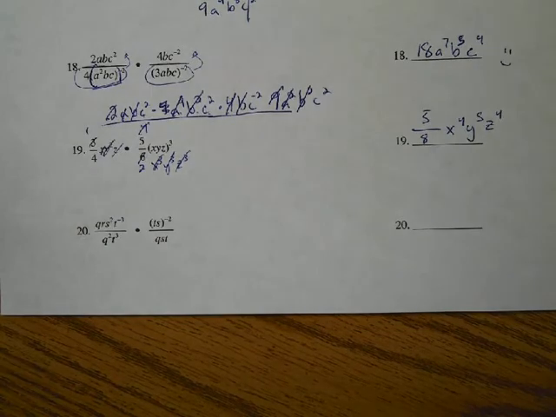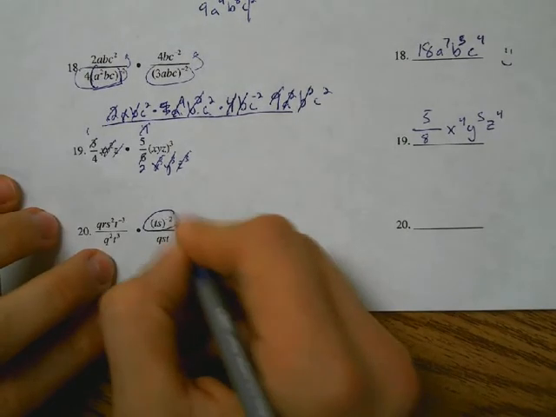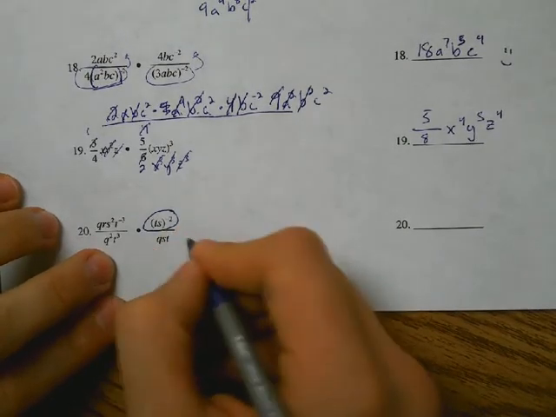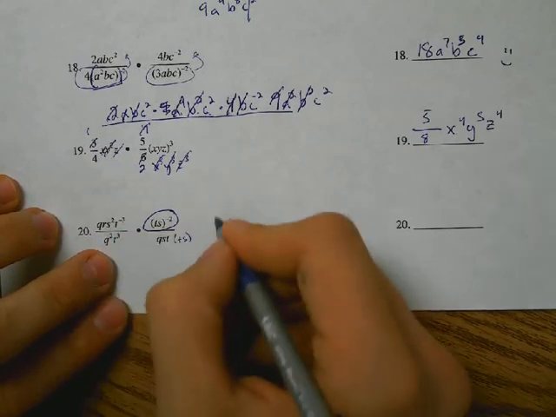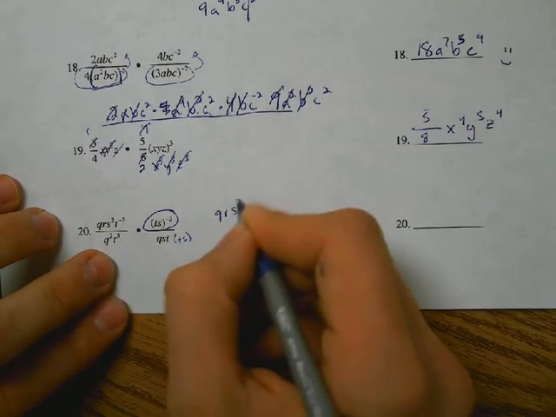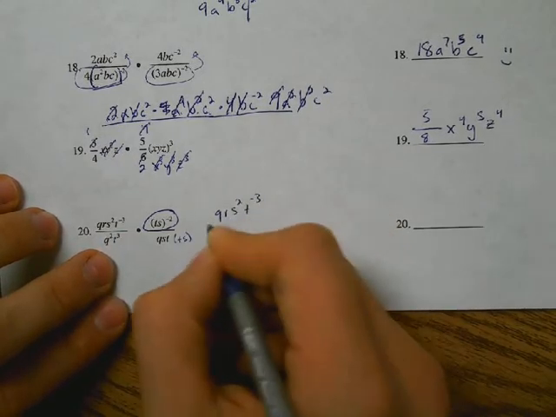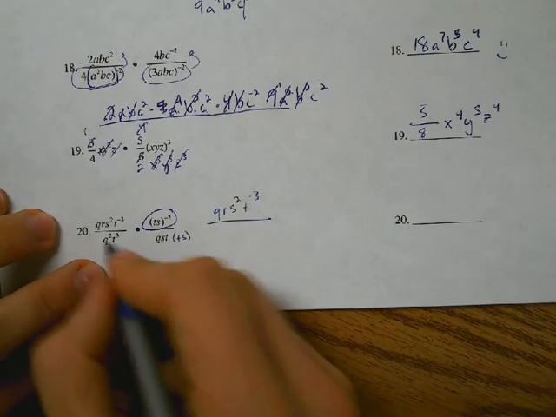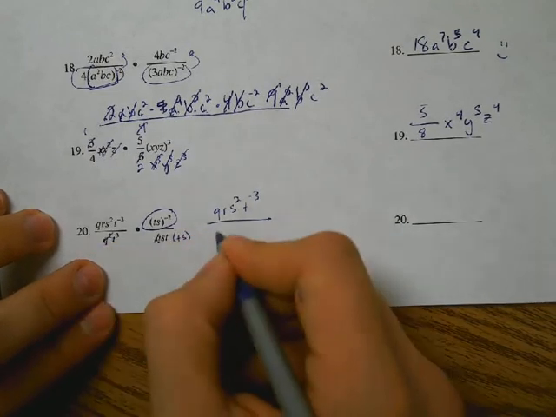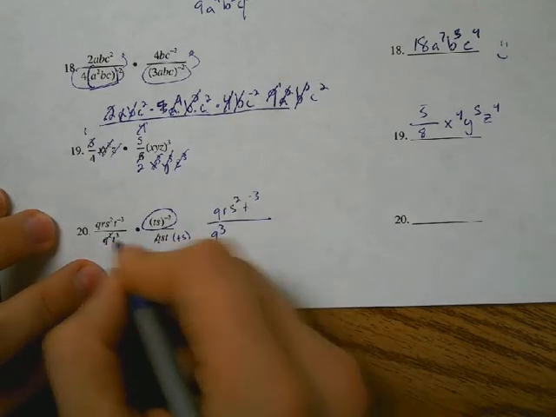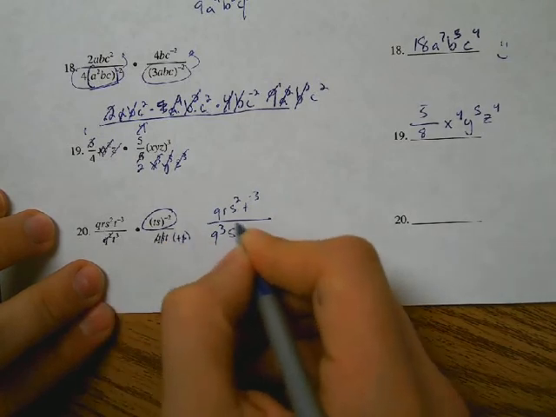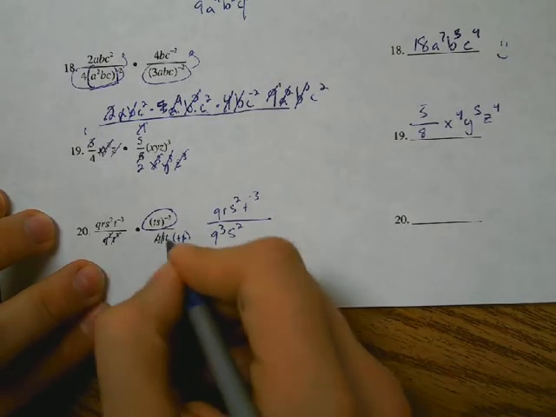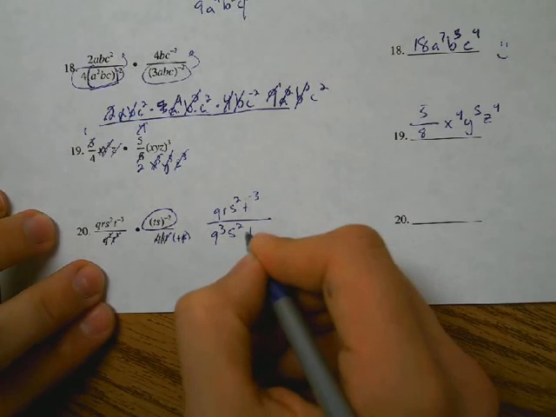Last one. This negative is going to push my t's down to the bottom. So I'm going to get another t down here. I'm going to push it straight across so I get qrs2t^-3 over, and all my stuff on the bottom. I've got 2 q's here, 1 more there. So q3. I've got 2 s's, and then I've got 3, 4, 5 t's on the bottom.